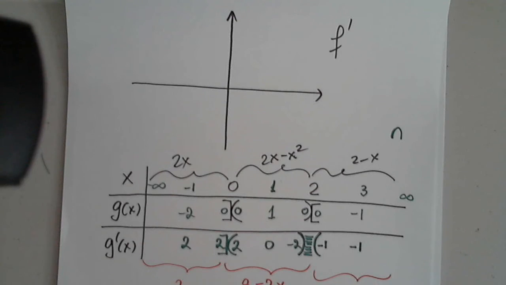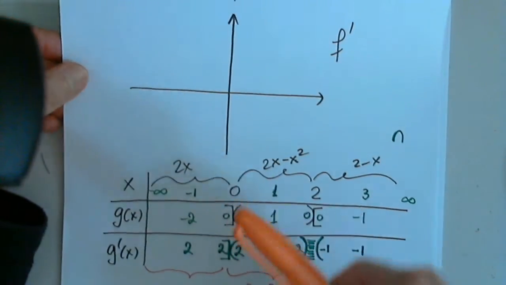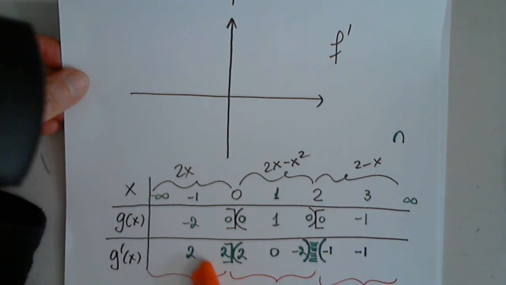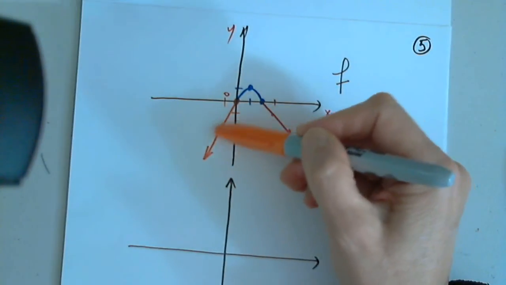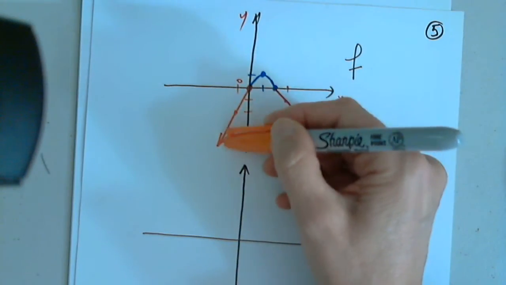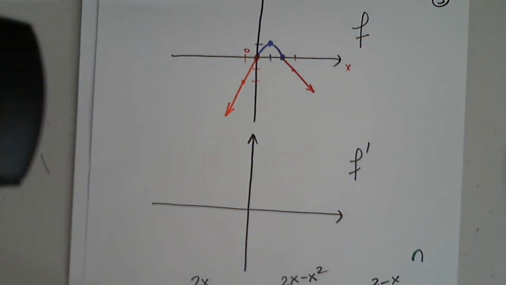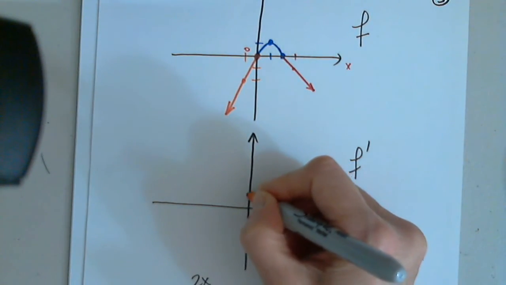So now I'm ready to graph the derivative. The corresponding orange, the slope is 2. So for every point in the orange, it will be 2. So when x is 0, y is 2.